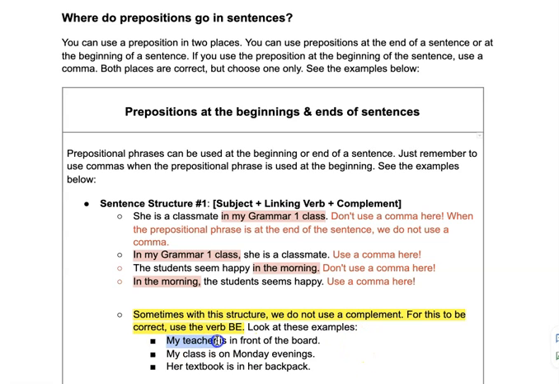My teacher, subject, is my linking verb after I have in front of the board. This is a prepositional phrase. So in this structure, you can see I have my subject and verb plus prepositional phrase. My class, subject, is my verb be, linking verb, after I have a prepositional phrase.